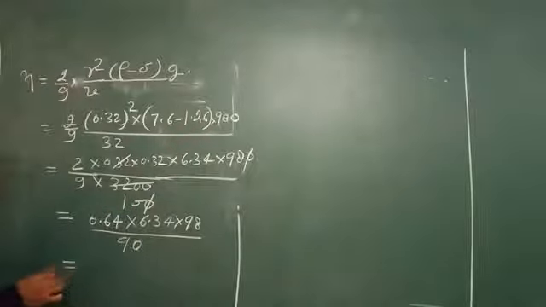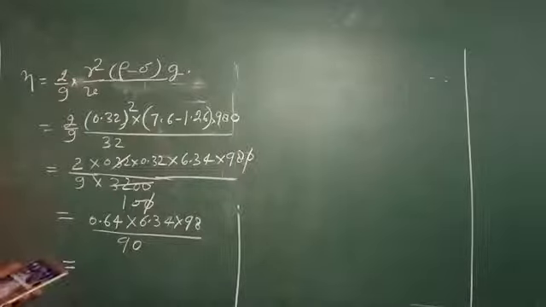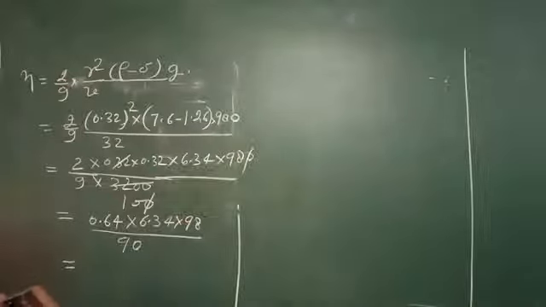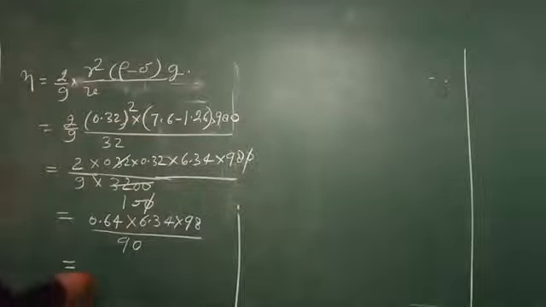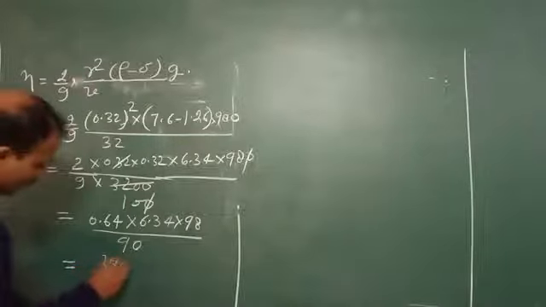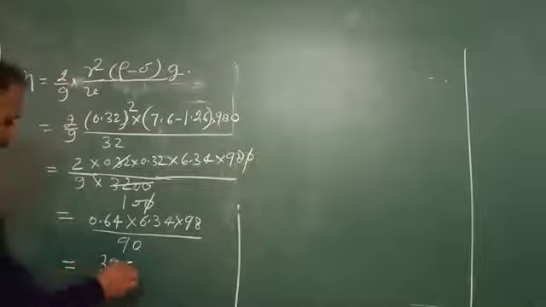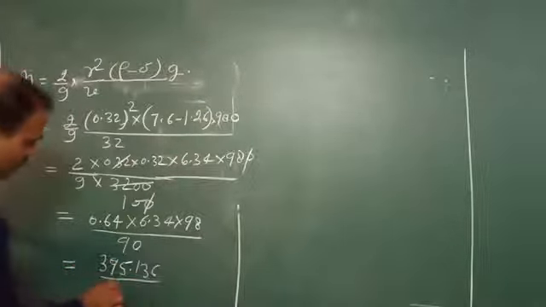So now we calculate 0.64 multiplied by 6.3 multiplied by 98. So 395.136, that is, 136 divided by 90.